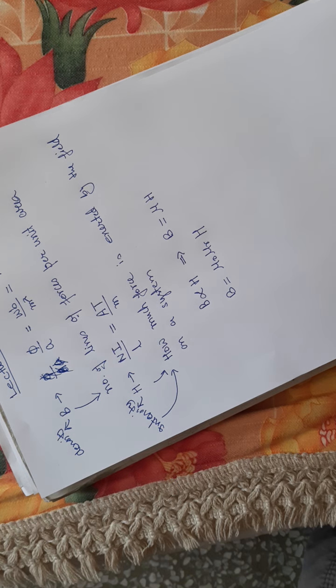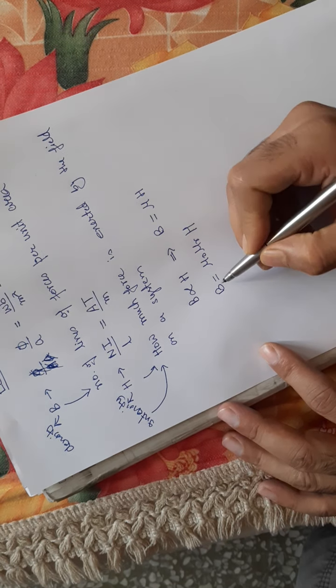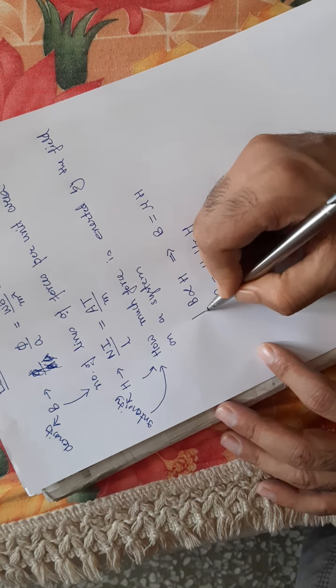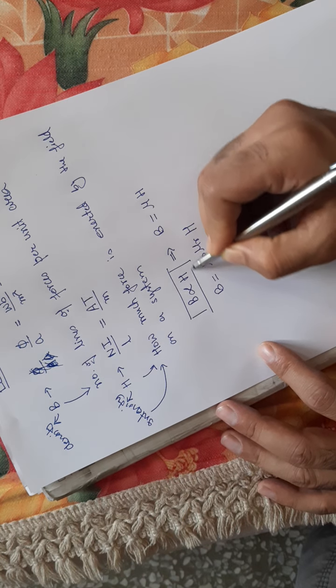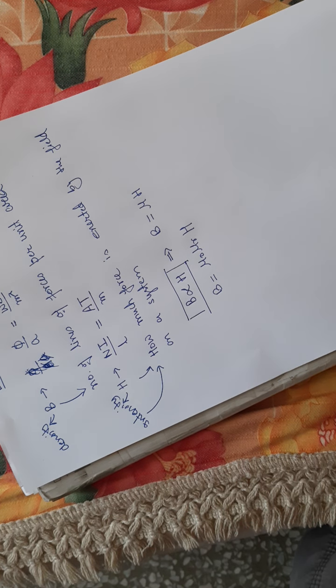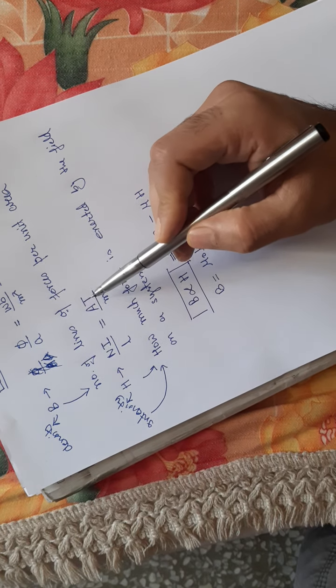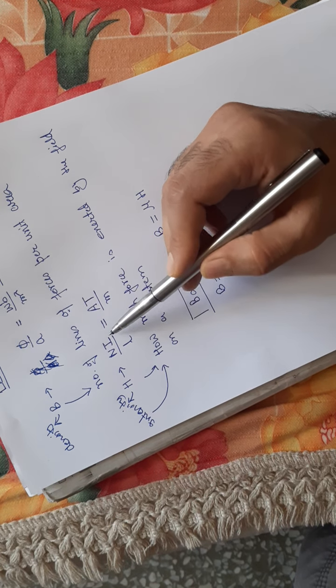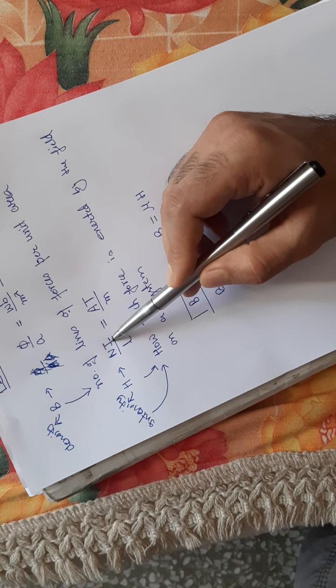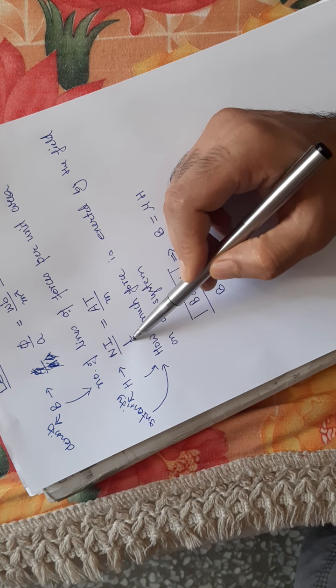From this relation, we should know which quantity is dependent upon which quantity. You can control H by controlling the current, or the number of turns, or the length of the conductor.